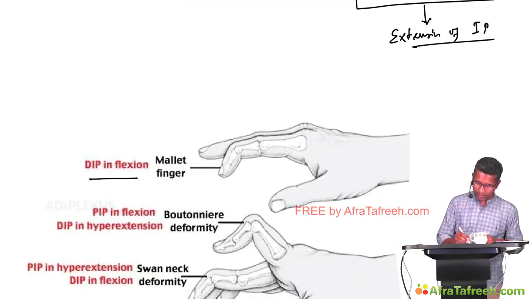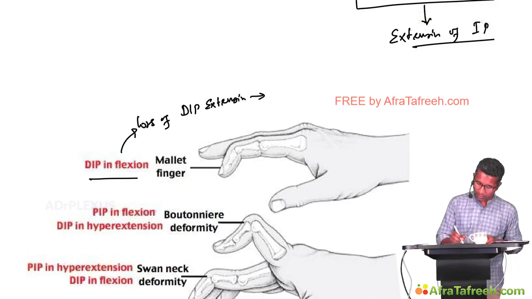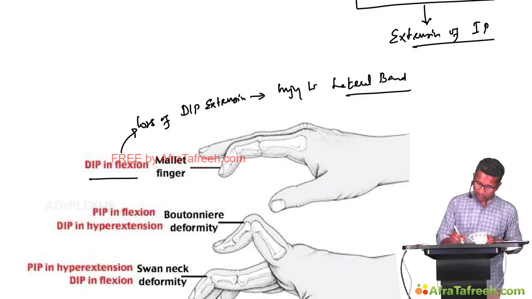So where you get distal interphalangeal joint flexion, there is loss of DIP extension, and this loss of DIP extension happens due to injury to the lateral band. So injury to the lateral band of the dorsal distal expansion results in mallet finger.